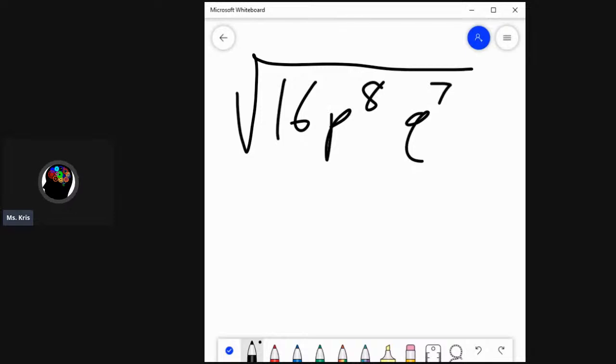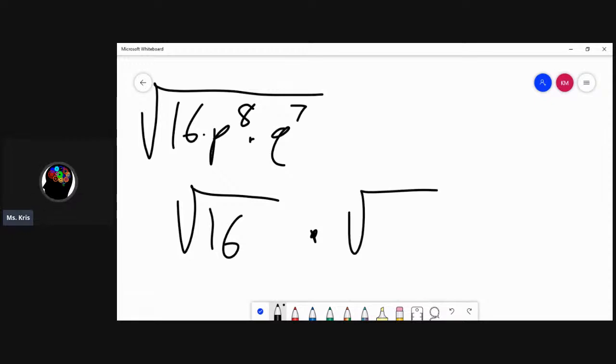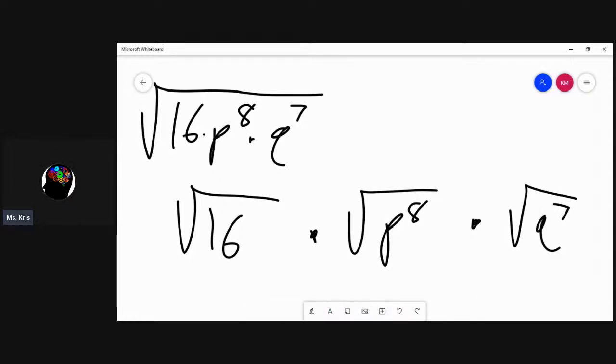Remember that each term is being multiplied, so you can separate them into their own radical signs: square root of 16 times the square root of p to the 8 times the square root of q to the 7th.